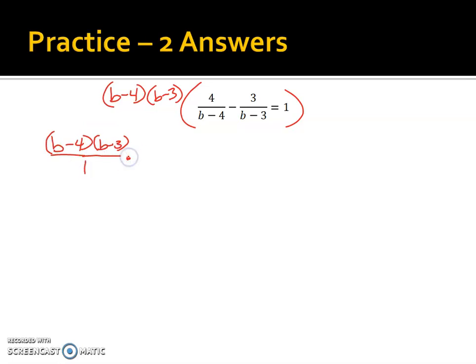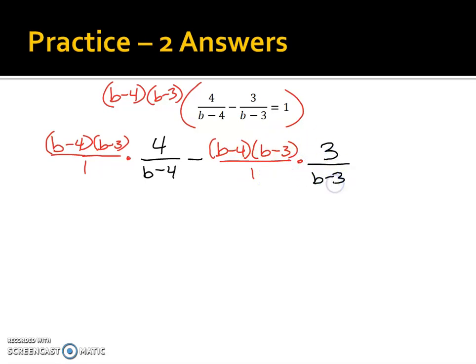And I am multiplying that by a 4 over b minus 4 minus, I've got a b minus 4 times b minus 3 over 1 times a 3 over b minus 3 equals, and then again I've got a b minus 4 times a b minus 3, and I don't really need to put that over 1 because I am just multiplying this times the whole number 1.